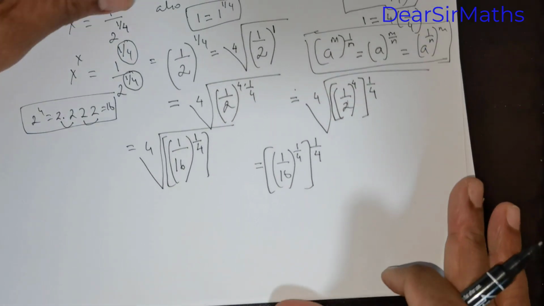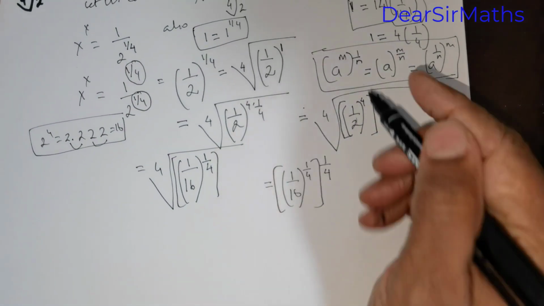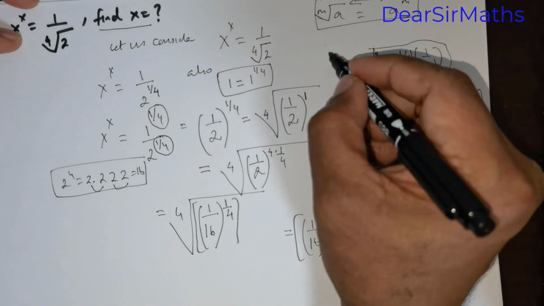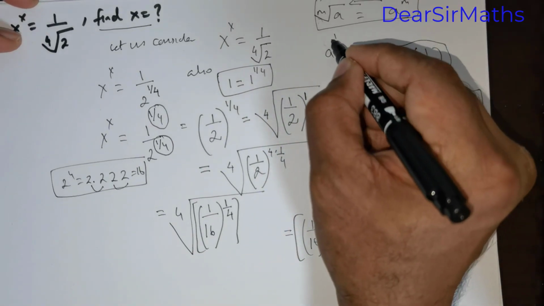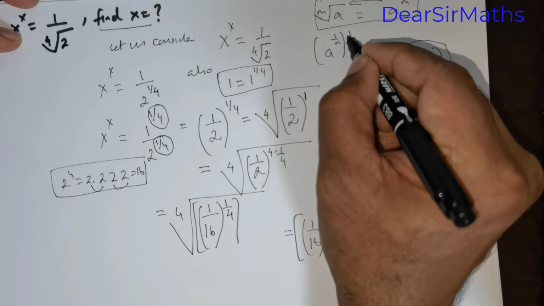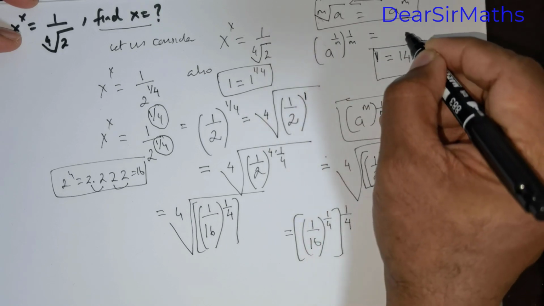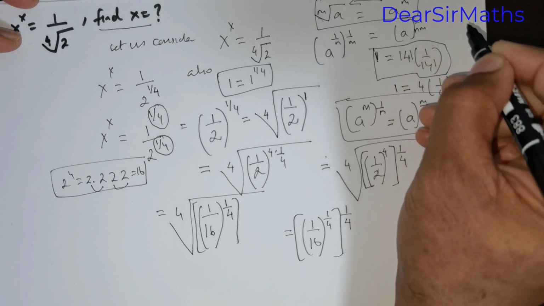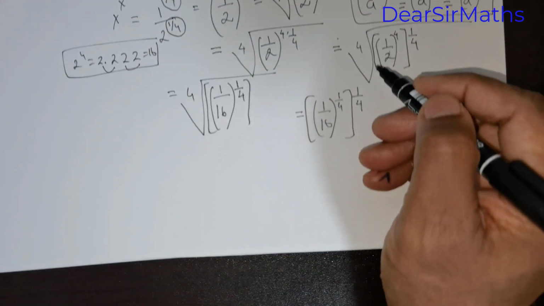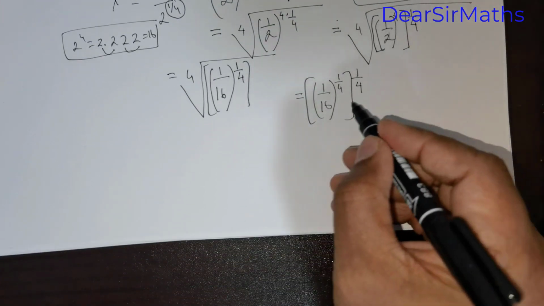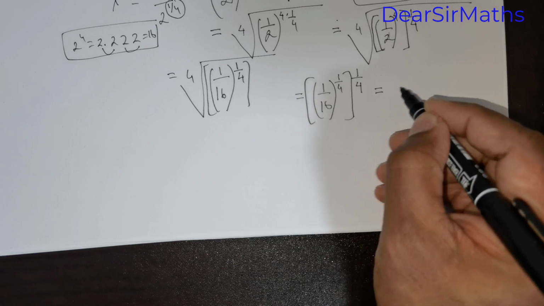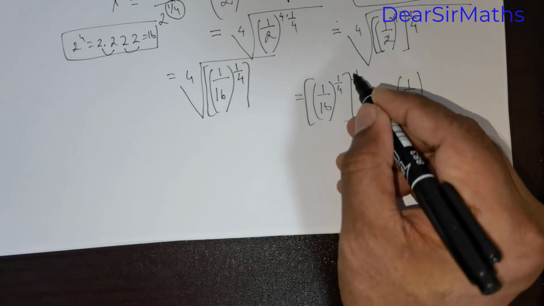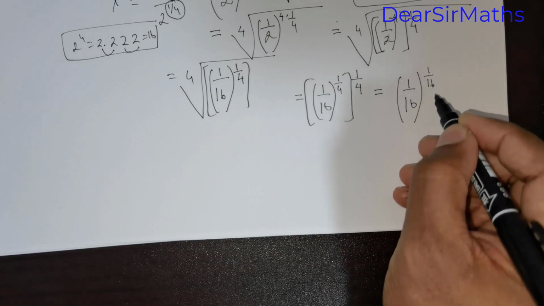As I mentioned in the laws of indices, suppose you have a quantity a raised to the power of 1 over n, and that is raised to the power of 1 over m. This can be rewritten as a raised to the power of 1 over n times m. You can do that. And because of that property, I can now rewrite this as 1 over 16 raised to the power of 1 over 4 times 1 over 4, which is nothing but 1 over 16. So this is what I've got.